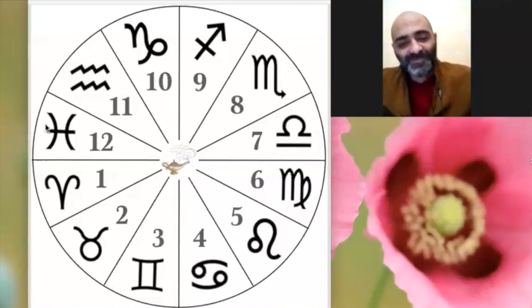It's the dissolution and the sublimation of the self, and then we see the reappearance of the self in Aries. This is a necessary process, as I see it, and this is where we all should head into. This is where we are all heading into, actually.